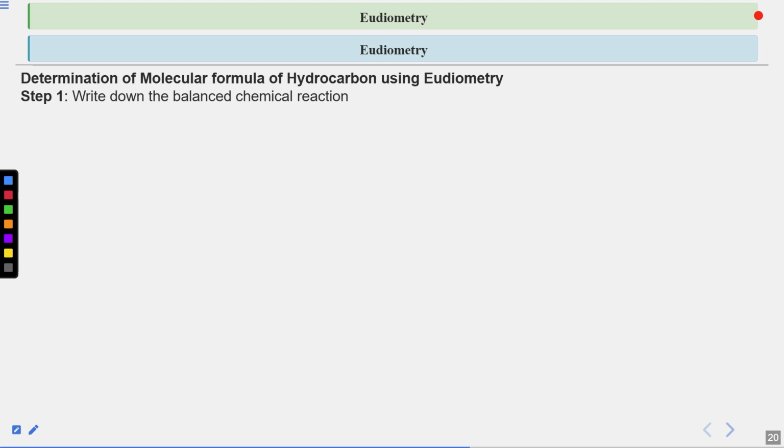First, there must be combustion of the given compound. You must know the balanced chemical equation for the combustion, and most of the time you will get the combustion of a hydrocarbon. I have already shown you the general equation, and I will show it again. Second, write the volume of the components before the reaction, whatever the volumes are.